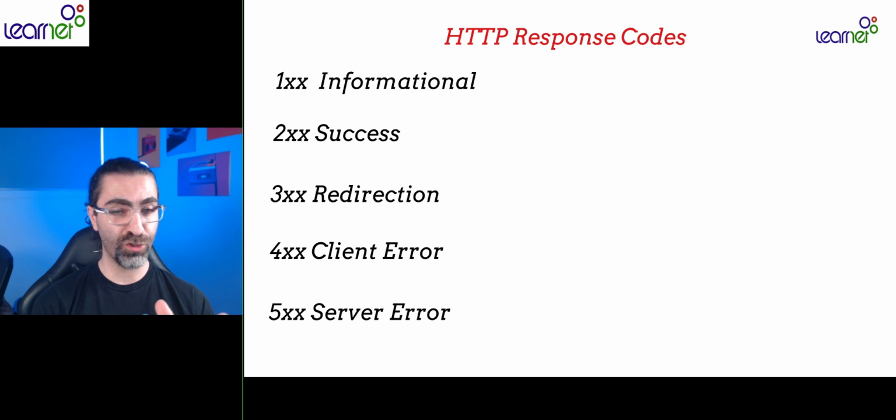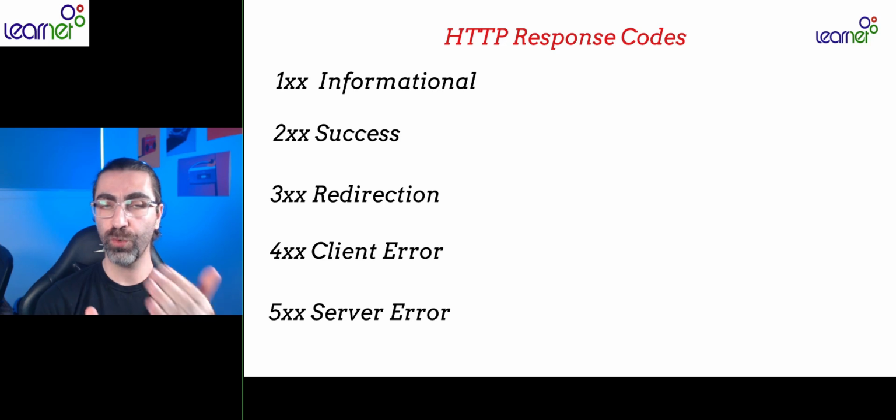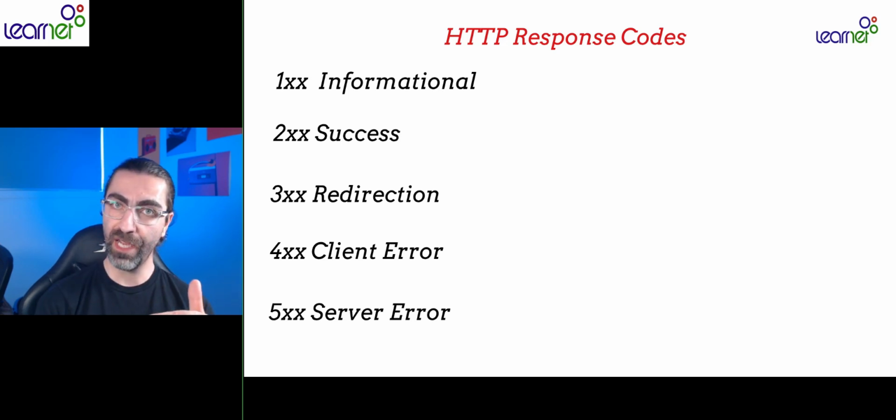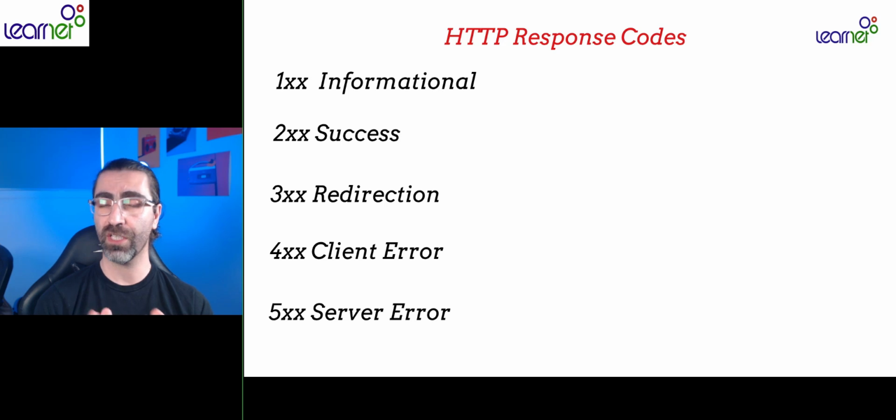The 200s, which are normally the ones that we want to see, are the success ones. And the main one is 200. So when you send an API call to a server, the server will respond with 200. That means your request was okay, everything was okay, you had the permissions to access that specific resource, et cetera. And the server responds with the 200 and the data you asked for.